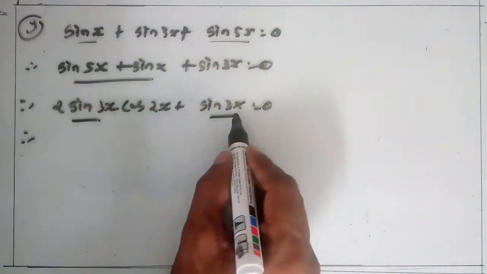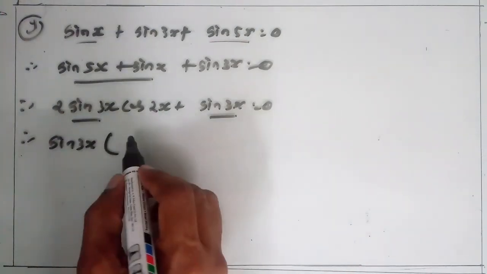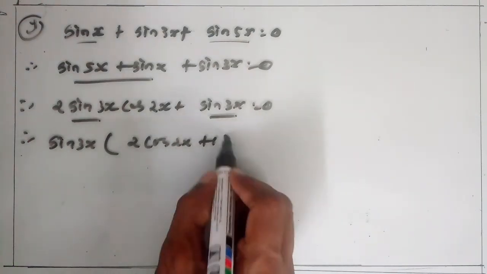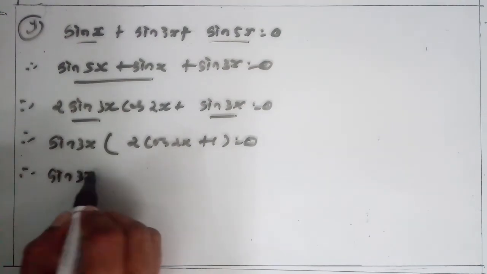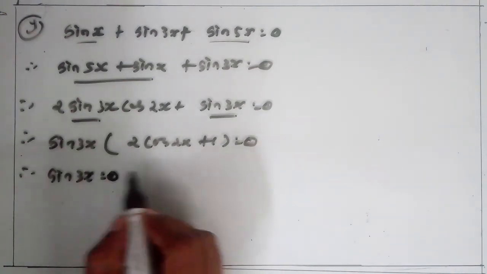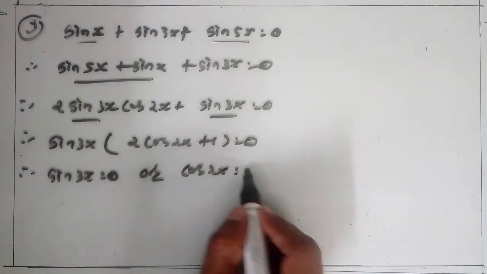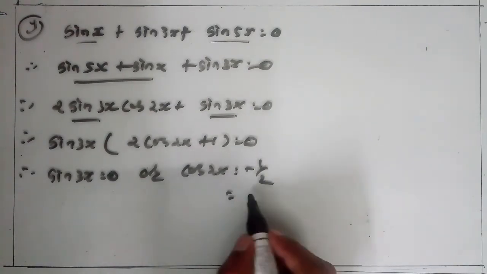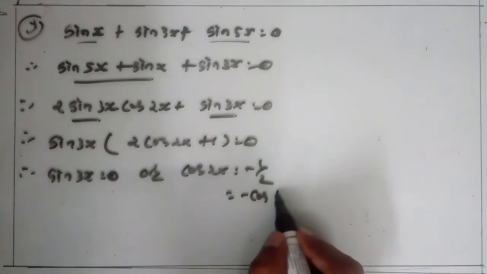Now sin 3x take common. So sin 3x into bracket 2 cos 2x plus 1 is equal to 0. Therefore sin 3x is equal to 0, or cos 2x is equal to minus 1 by 2. Here minus 1 by 2 change into cos form, cos pi by 3.